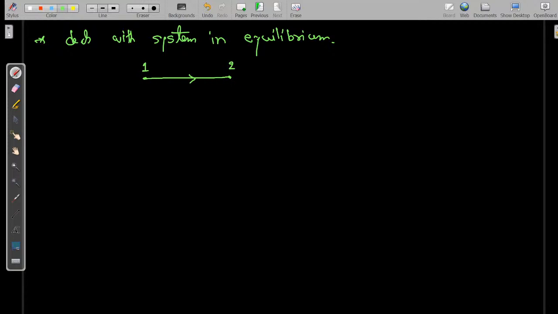For example, let us say we have a cup of coffee and the temperature of the coffee is, let us say, 50 degrees Celsius. And if you leave this coffee in the environment and the environment temperature is 25 degrees Celsius. Initially, the temperature throughout was 50 degrees Celsius. So this was the first equilibrium state of this system.